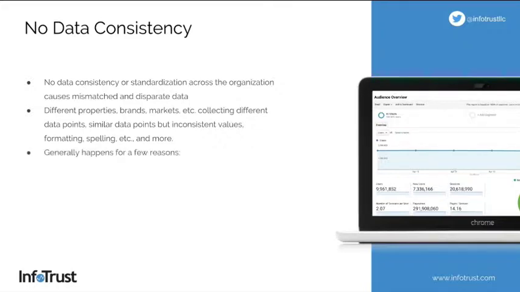The issues with data consistency typically happen for a few reasons. One is that each of the countries or markets or brands are actually operating independently from one another. An example is one of the big publishers that we work with. We mainly work with their US team, where they're headquartered. But their UK team, their Germany team, their Nordics region team all work independently of one another.